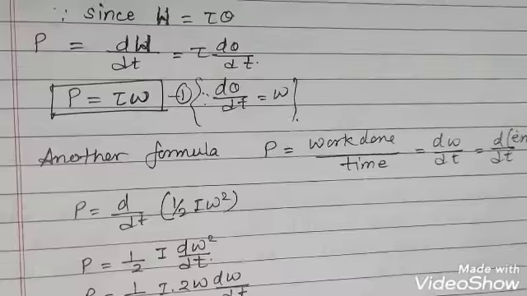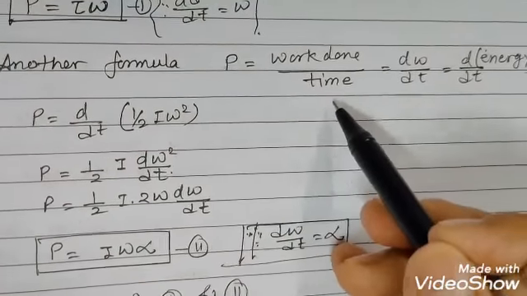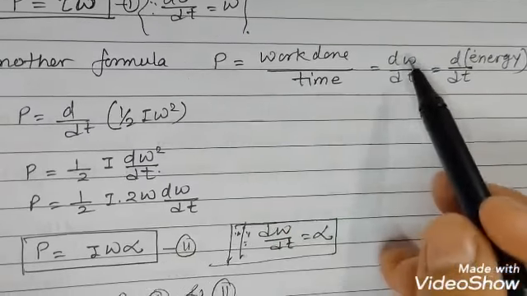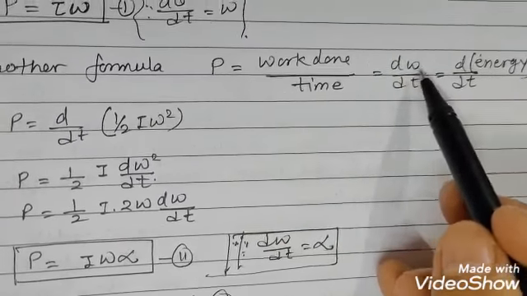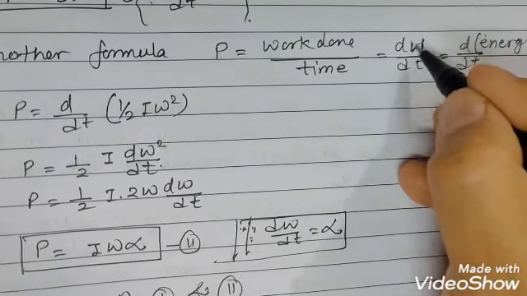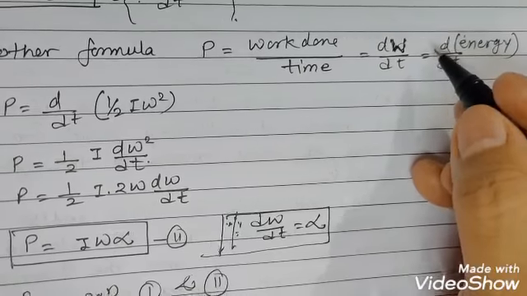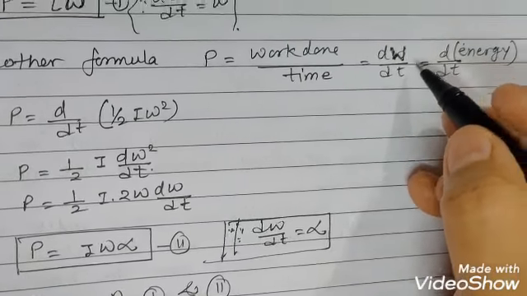Now we'll see another formula of power. Once again, the work done upon time gives us power, and for the small work done dW, again I am writing the capital W so that we can differentiate between the omega, the angular velocity, and the work done.